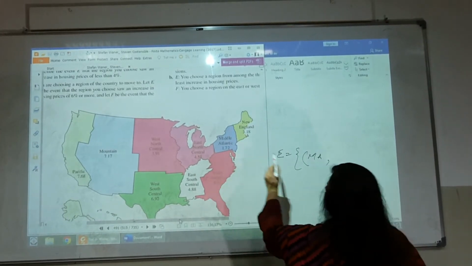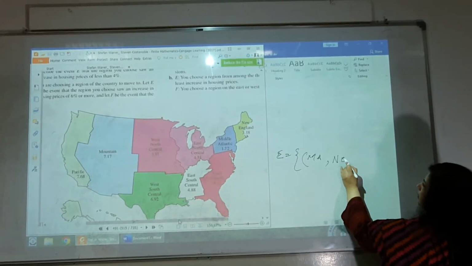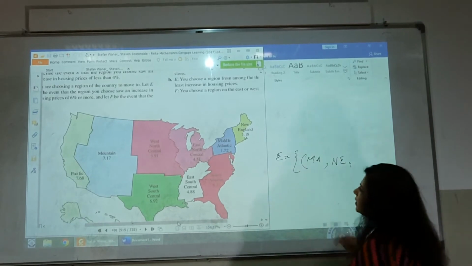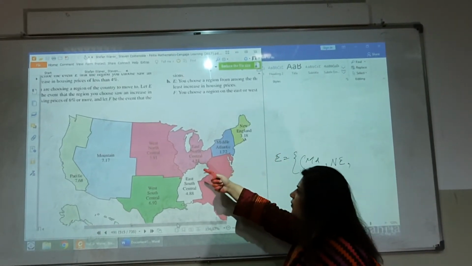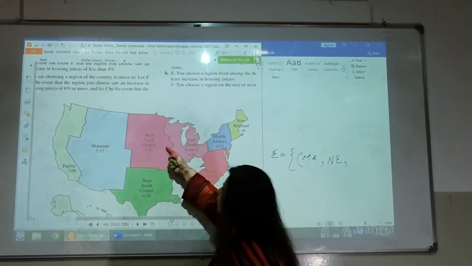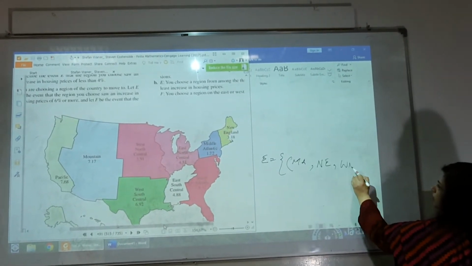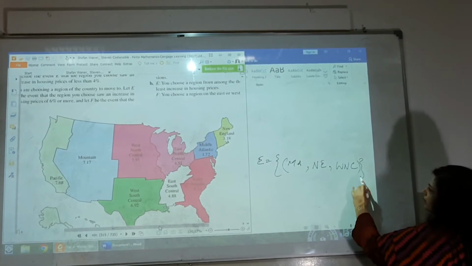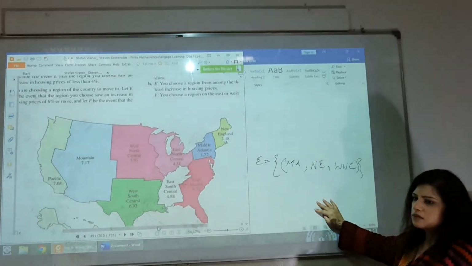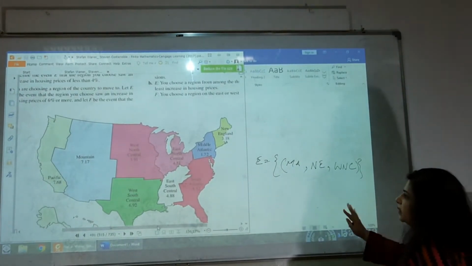Then New England, NE, which is 3.18. Then West North Central, which is 3.91. That is the total sample space for event E.